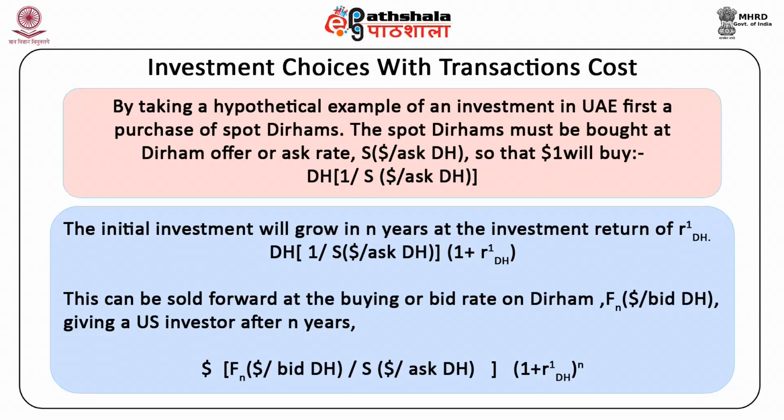This can be sold forward at the buying or bid rate on dirham, Fn dollar per bid rate of dirham, giving a US investor after n years: dollar times Fn dollar per bid rate of dirham, by spot rate dollar per ask rate of dirham, times 1 plus the return on dirham raised to the power n.